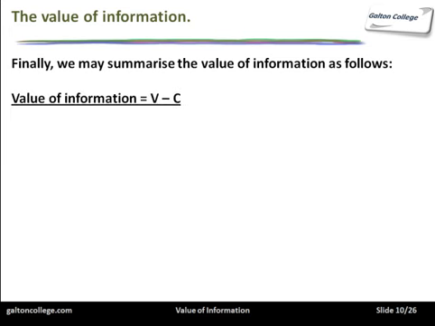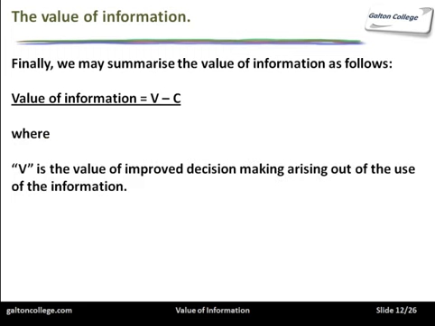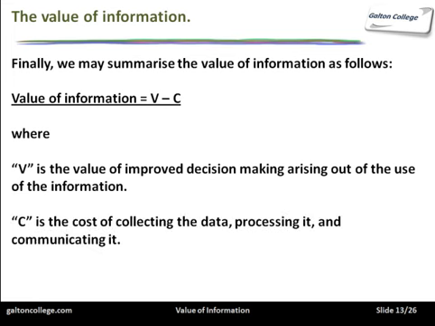The value of information is sometimes expressed as V minus C, where V is the value of the improved decision making arising out of the use of information, and C is the cost of collecting the data, processing it, and communicating it.